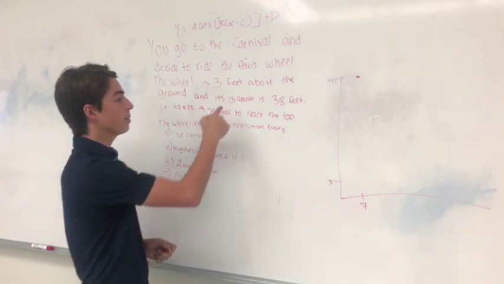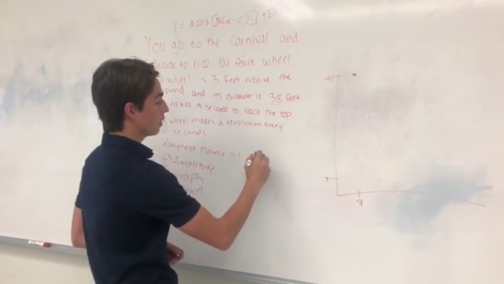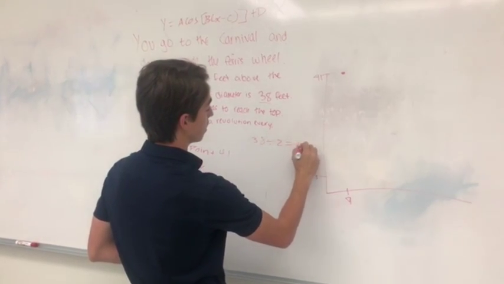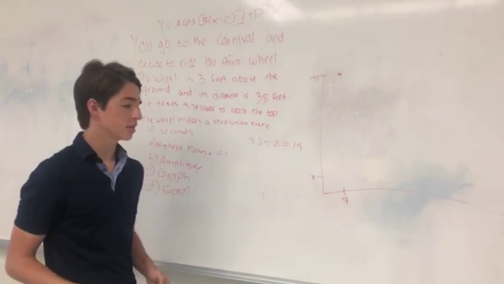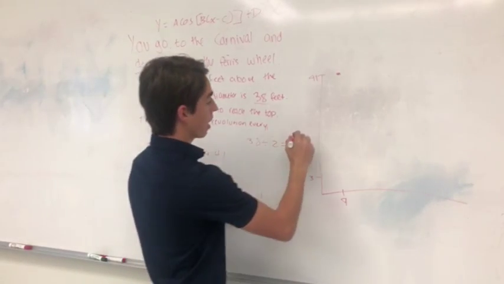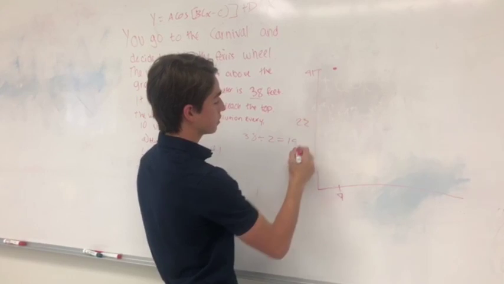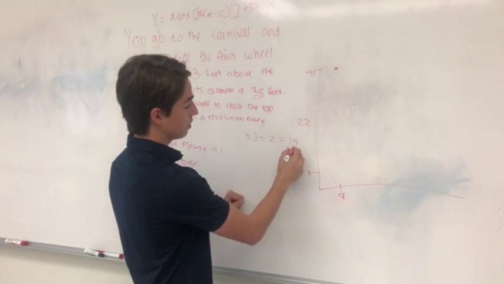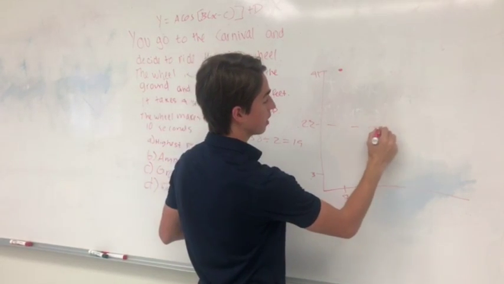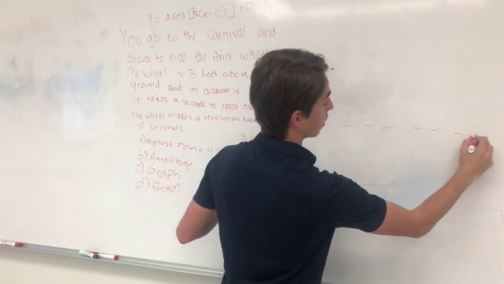And since the diameter is equal to 38, we know that 38 divided by 2 equals 19. But since it is elevated 3 feet from the ground, our amplitude will be at the level of 22, since 19 plus 3 equals 22. So at this point is the amplitude of the graph.